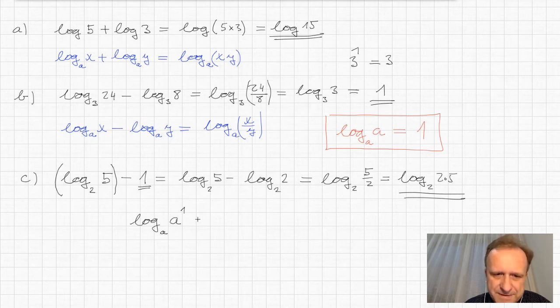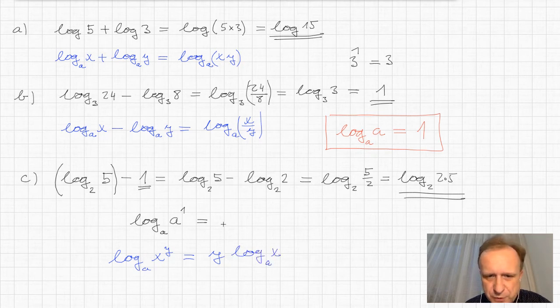According to the third law of logarithms, which says that the logarithm in base a of x to the power of y is y times logarithm in base a of x, this should be nothing else than 1 times logarithm in base a of a. Since logarithm in base a of a is 1, we have just 1.